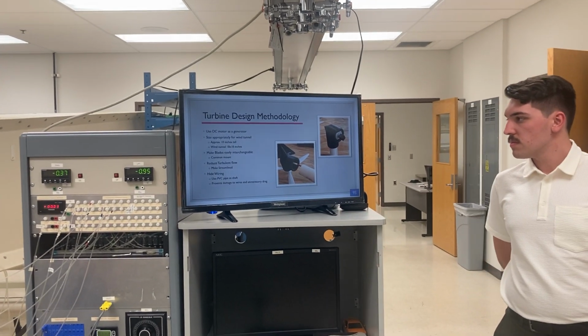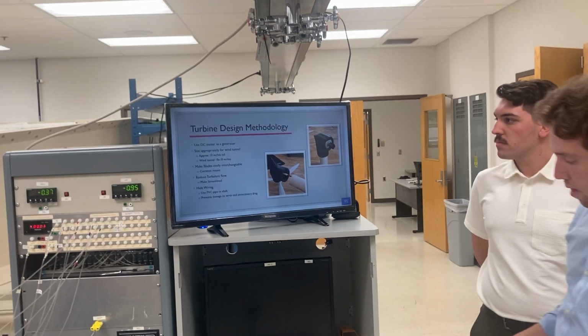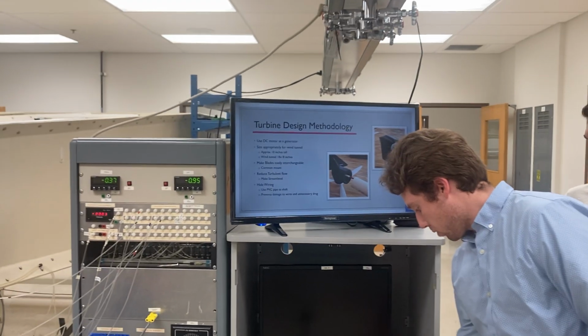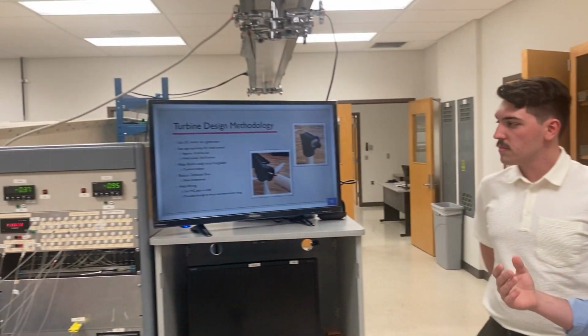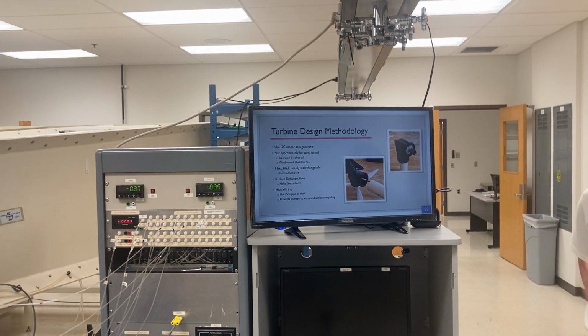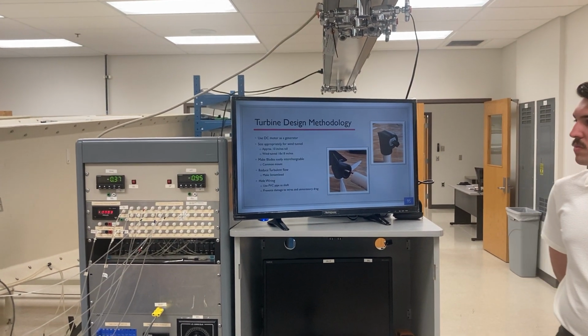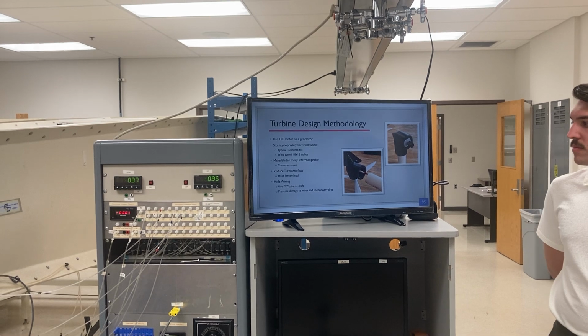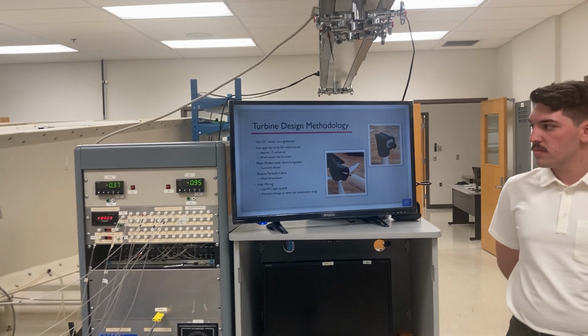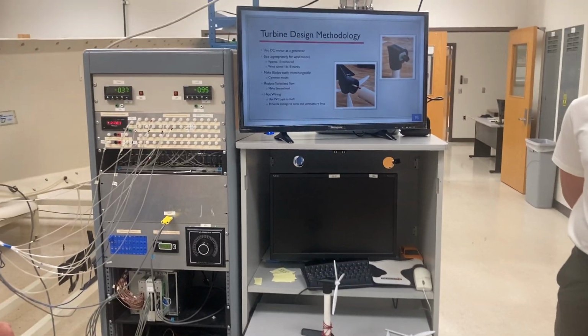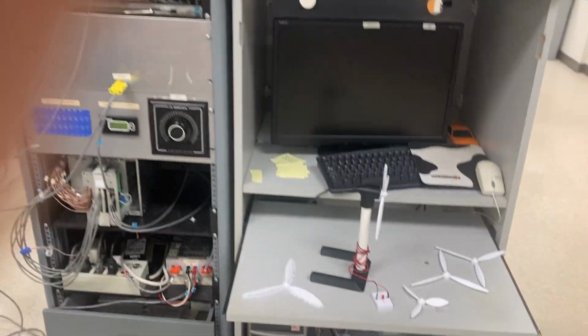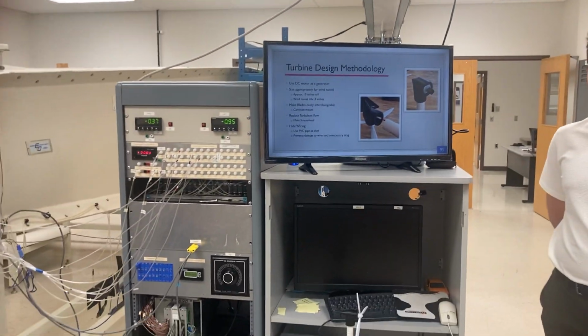So as far as the methodology goes of the design, we needed to incorporate multiple components to create a working turbine. So the first thing that we needed to consider was to use a DC motor to act as a generator. So in taking Mech 311, which is mechatronics, we used the Arduinos. And this DC motor actually comes from that Arduino kit that we purchased for Mech 311. But we needed to consider a windmill that would be sized appropriately for the tunnel.